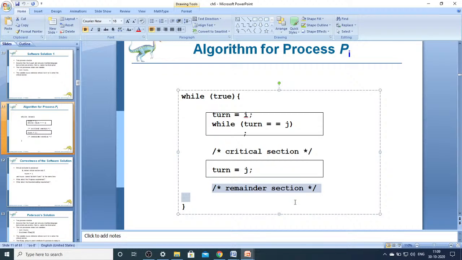The critical region is nothing but the piece of code that involves the shareable resources. On the other hand, other than the shareable resource code, we consider it as the remainder section. So our agenda is to ensure that no two processes are going to execute their critical section at the same time. This is our main agenda.